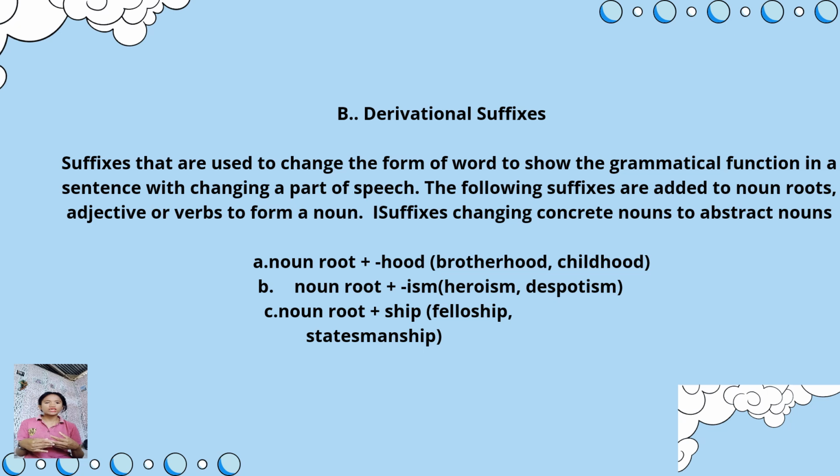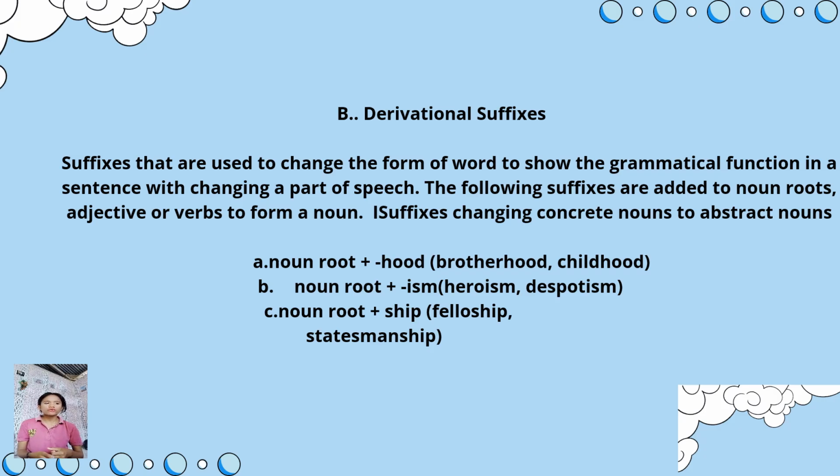Suffixes that are used to change the form of words to show the grammatical function in a sentence, with changing a part of speech. The following suffixes are added to noun roots, adjectives, or verbs to form a noun.